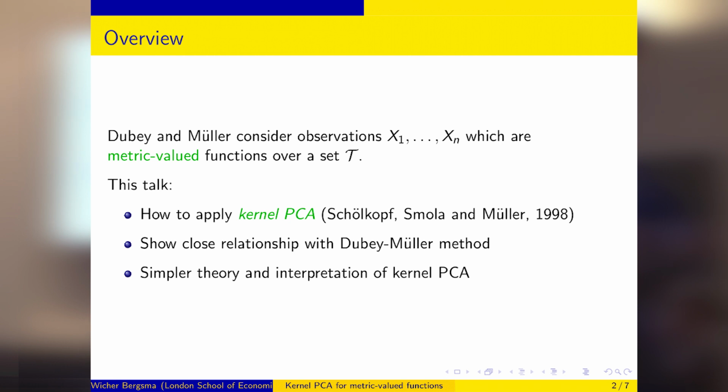I'll put it slightly more generally over some set T. So I will show how to apply kernel principal components in a well-cited paper by Scholkopf, Smola and Müller, a different Müller. I'll show a close relationship with the present method, and I will indicate potentially simpler theory and interpretation of kernel PCA.